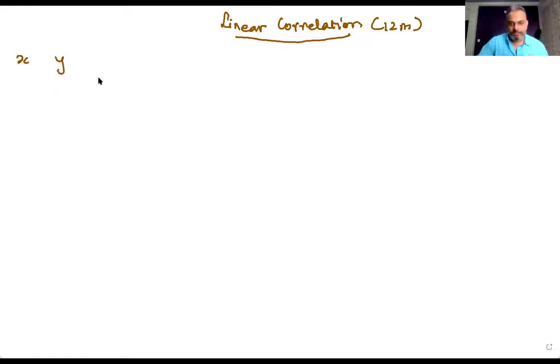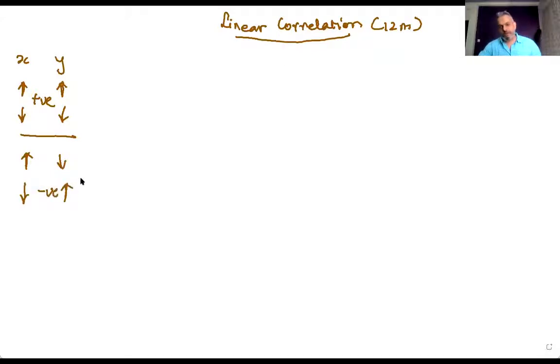Positively related का मतलब है कि x में कुछ increase हुआ तो y में भी increase होगा, x में कुछ decrease हुआ x की वैल्यू में तो y का वैल्यू भी डिक्रीज हो जाएगा. तो इसको हम कहेंगे पॉजिटिव रिलेशन. और x increase y decrease, x decrease y increase, इसको हम कहेंगे negative relation.